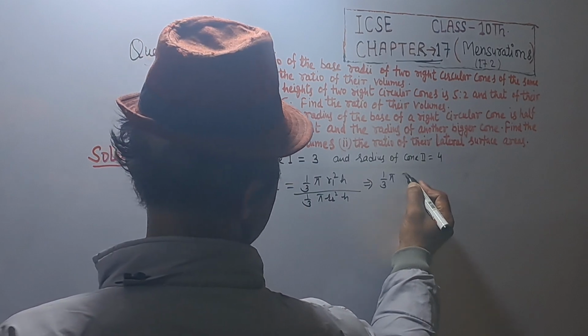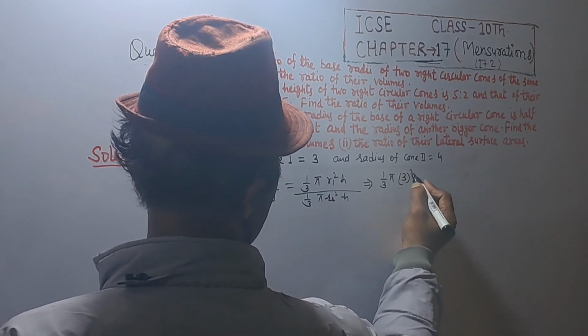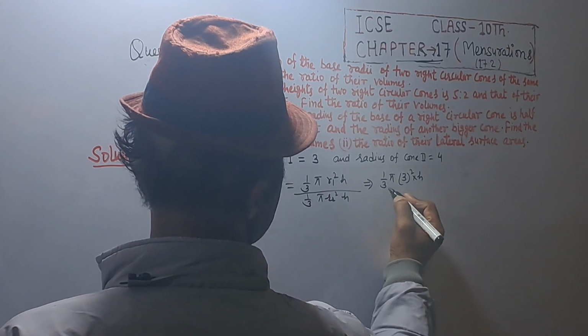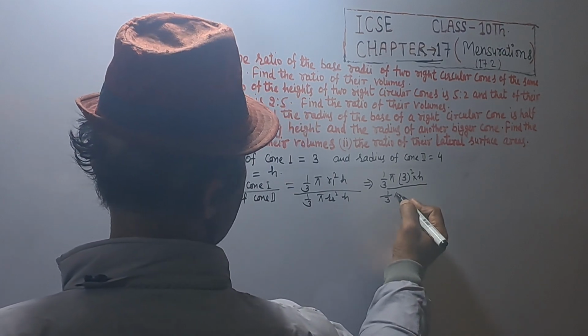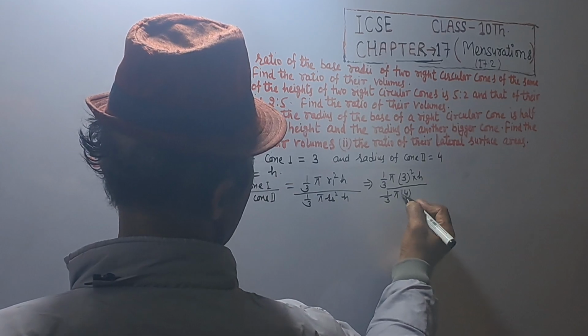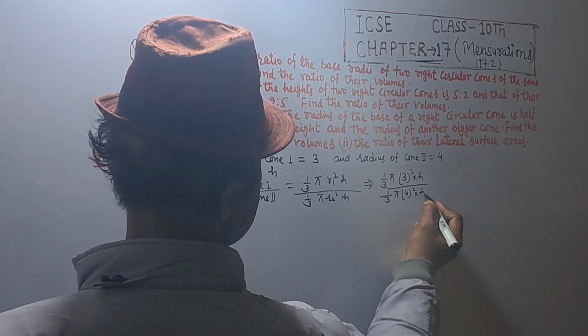1/3 pi 3 square into h divided by 1/3 pi 4 square into h.